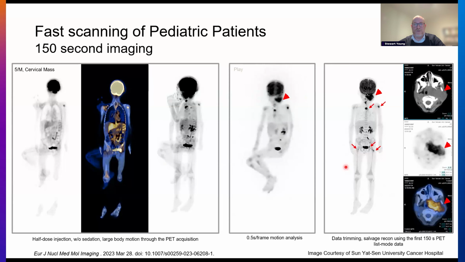And there are strategies you can apply to even further manage the motion. So problems which were enormous in the past are beginning to be handled, and long axis field of view systems are making a major contribution to that. Here is a nice example of how you can leverage this new parameter space to solve problems.